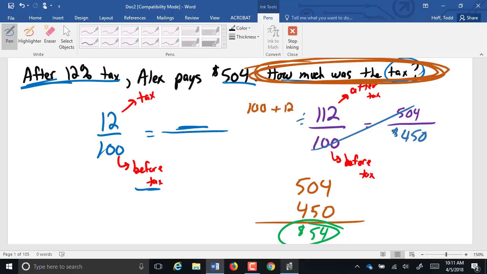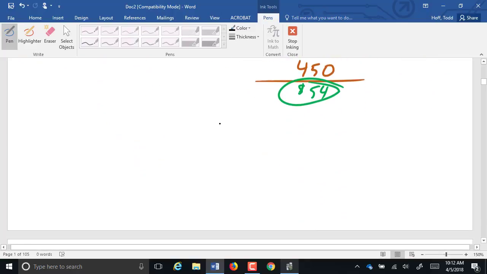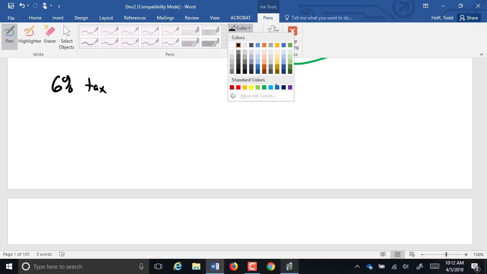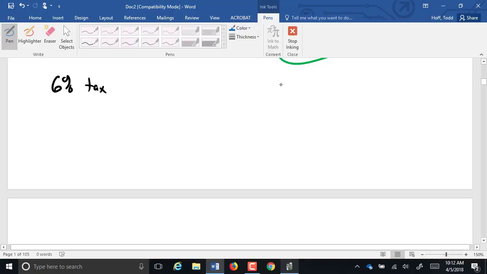Taxes and allowances, like waste allowances and things like that, are sometimes done with rates. Like if you know the list price, let's say there's 6% tax, to find the amount that you're going to pay, you can just use a rate. Or to find the amount of tax, you can just use a rate.